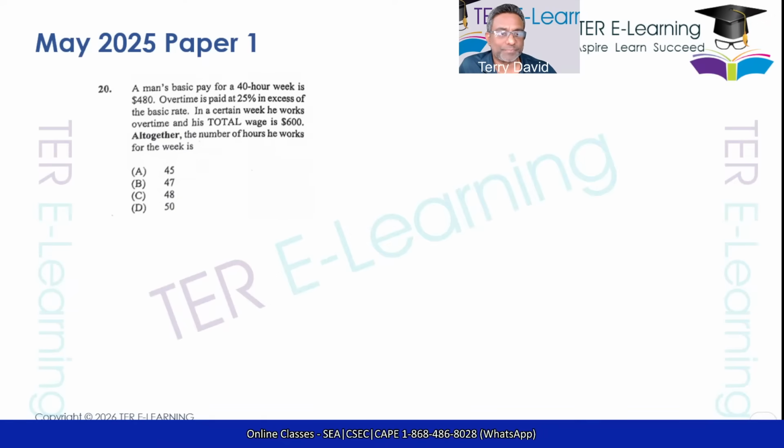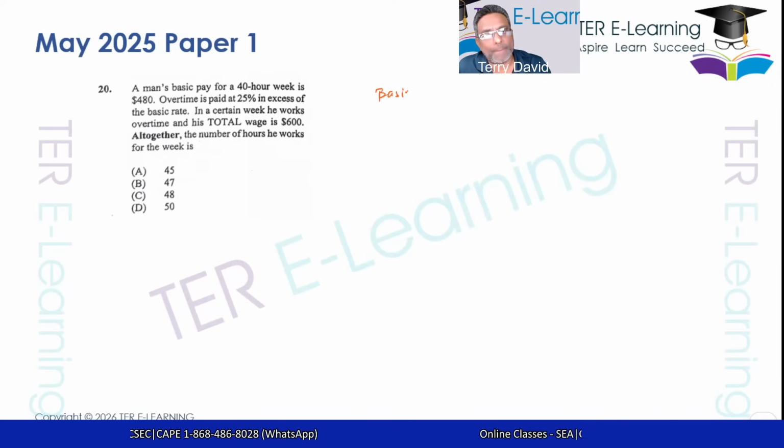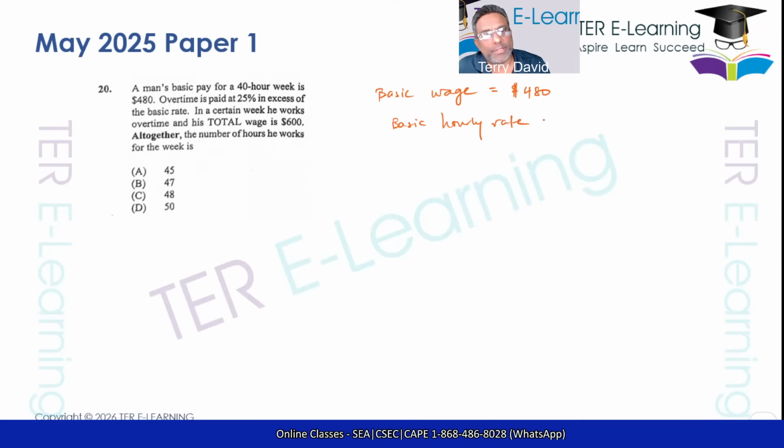All right, let's see. So the basic wage, right, is $480. Right, that's the basic wage. Now it's a 40-hour week here. So the basic hourly rate, right, is 480 divided by 40.